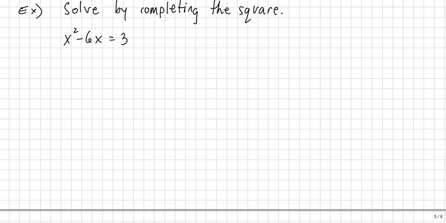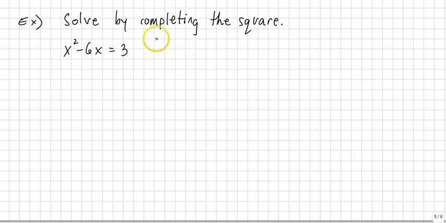So we've switched the directions on you. We now want to solve this equation, and we want to solve it by completing the square. So notice it's now an equation. X squared minus 6x equals 3. Well, the only way you knew how to solve this before was to move everything to one side and then factor.